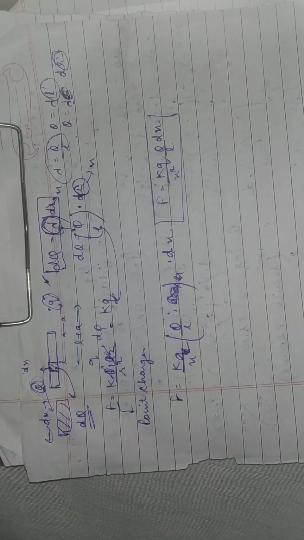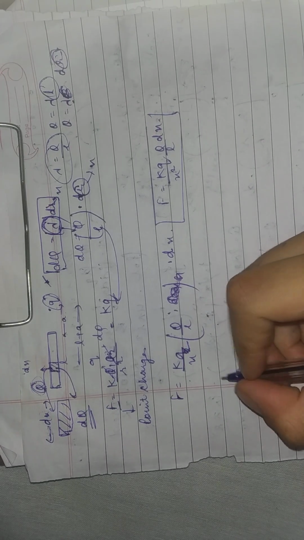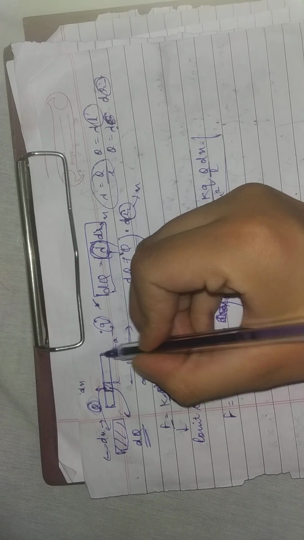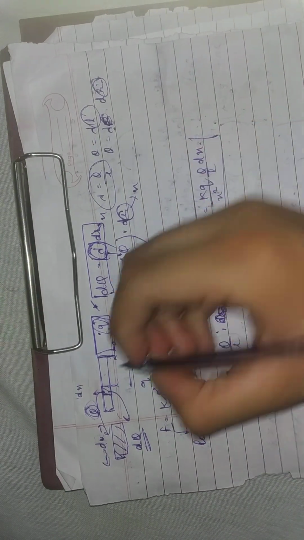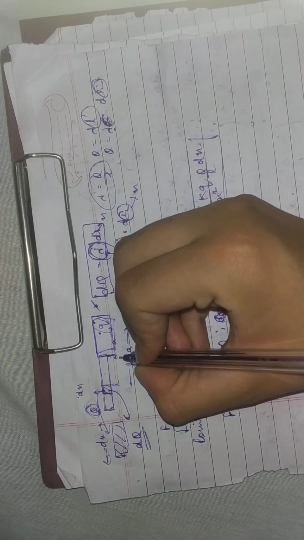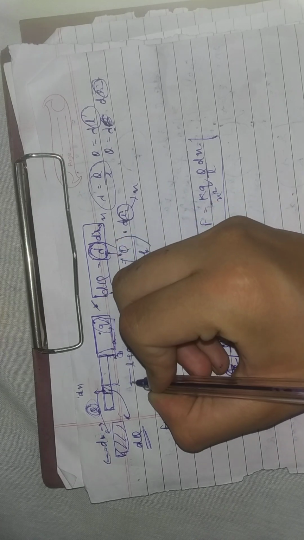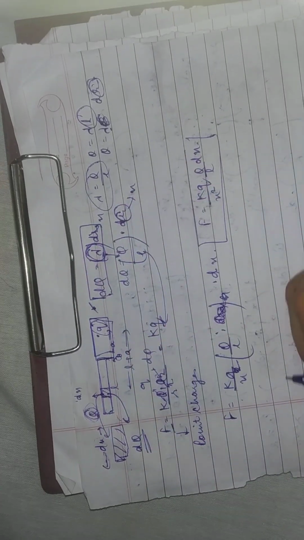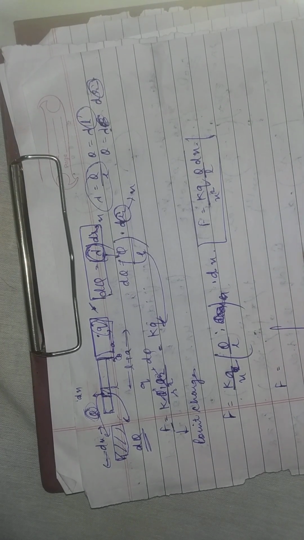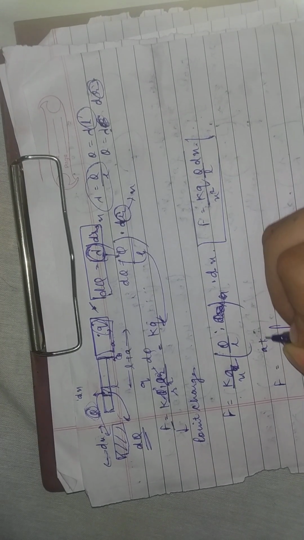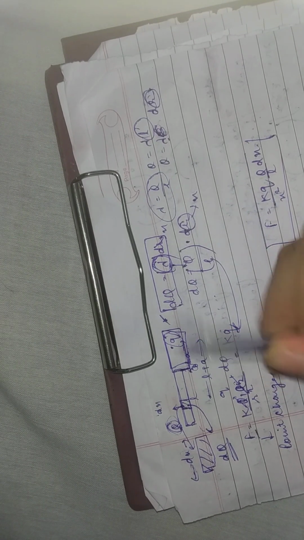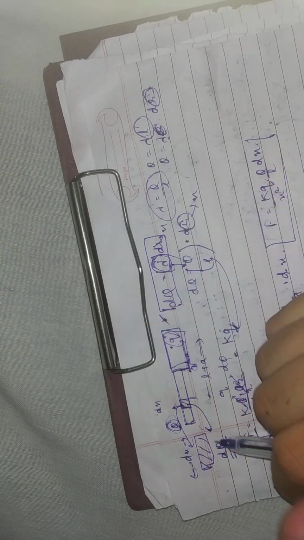Now let's solve it further. Now basically from this point, I have to find from a to a plus l. Let me just write it out. F equals integral from a to a plus l, because from this distance a to this whole distance we have to find it, right?